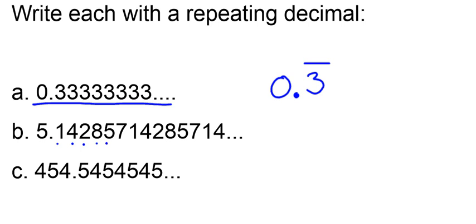About this point, you're ready to just say, oh man, I don't want to do this on my paper anymore. But if you had stopped there, you would have gotten the wrong answer, because you needed to go to about here, possibly even to here, or even here before you really know that the decimal is truly repeating. Usually by about the third or fourth time it comes up, you're going to know that it's actually a repeating decimal.